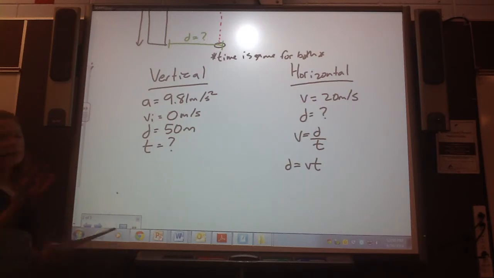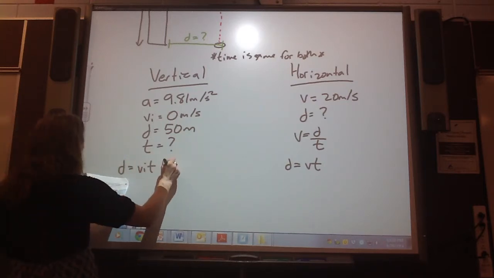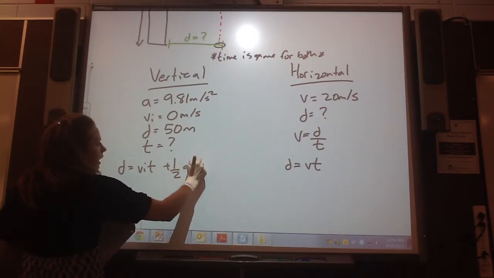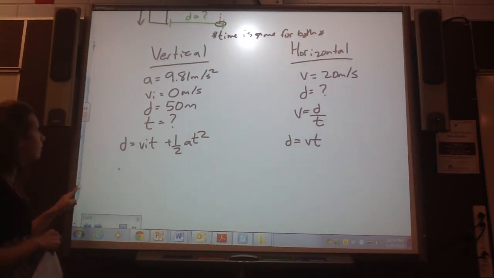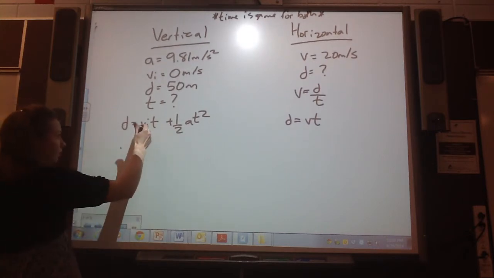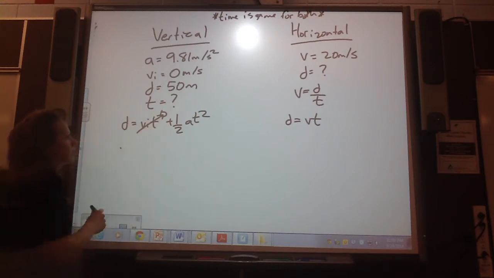So if I look, the formula that I need to use is D is equal to Vi T plus half a T squared. It's the formula that fits with everything I have available. In order to simplify and rearrange, excuse me, I'm just going to cross this out because that's 0.